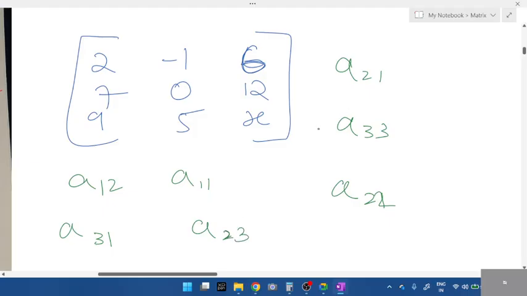Yes. Complete this. Write it first question. Notation or position of matrix. Answer all these questions.